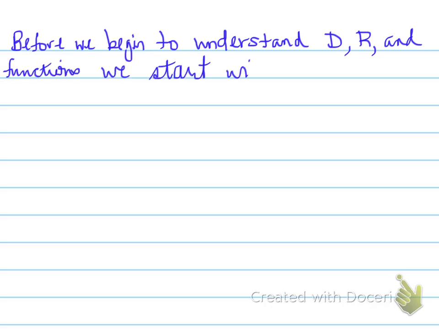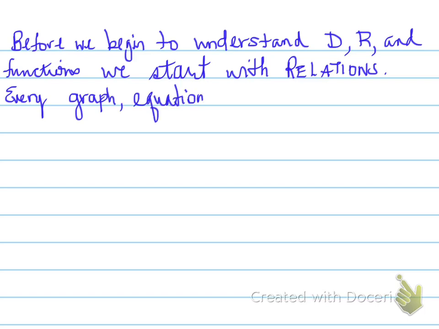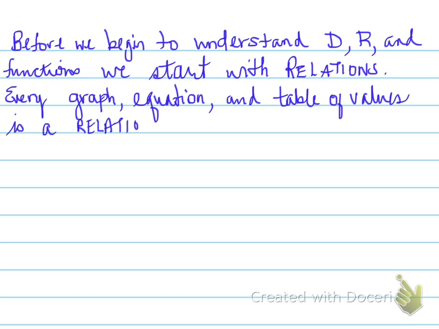and understanding domain, range, and functions, we start with the word relation. As I mentioned earlier, every graph, or anything that is graphable, every equation, and every table of values is a relation.